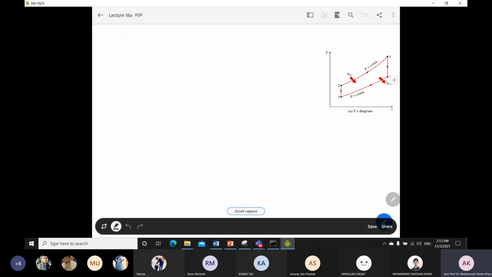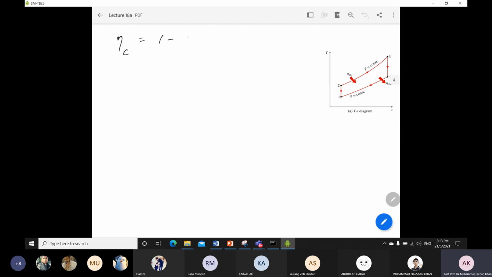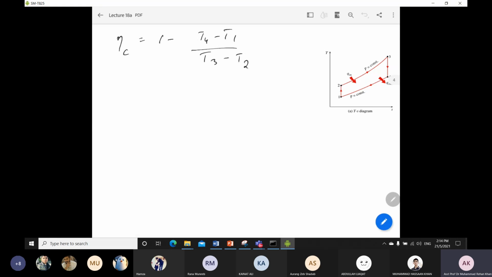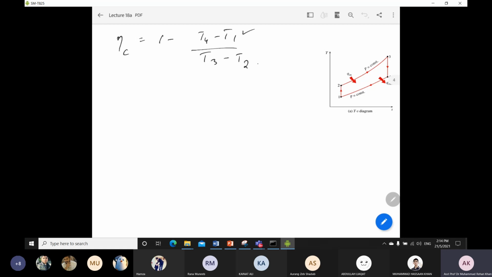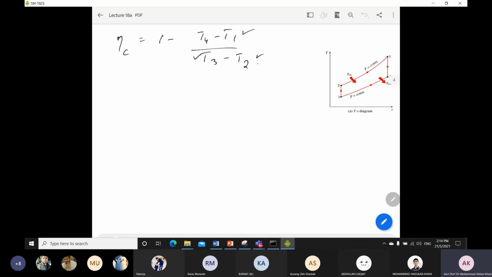As you already know, the cycle efficiency for the Brayton cycle is equal to 1 minus (T4 minus T1) over (T3 minus T2). This is the relation we already saw in the previous lecture. We have the value of T1 from the problem statement, and T3 and T2 we found in the previous part. Now we have to find the value of T4.